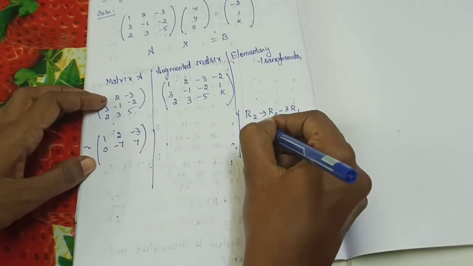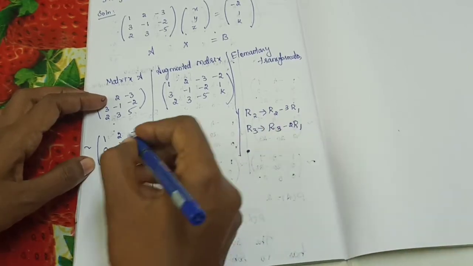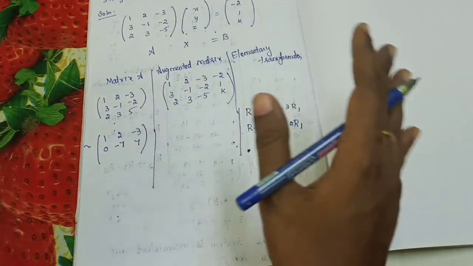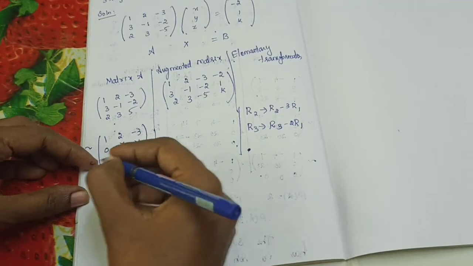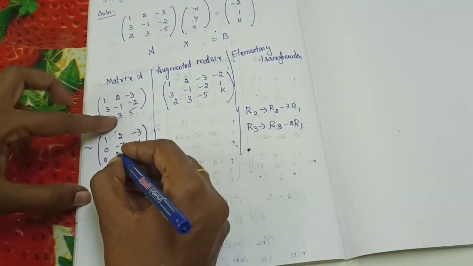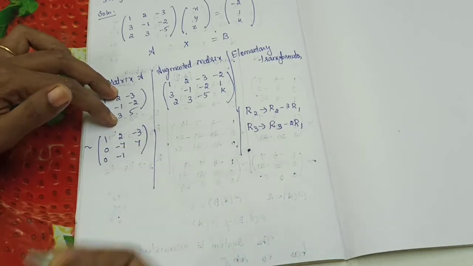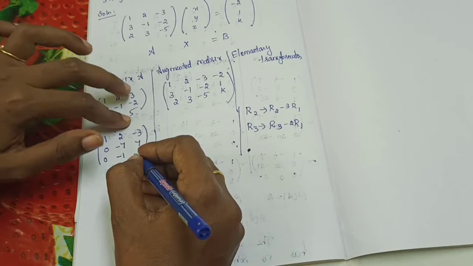Then R3 implies R3 minus 2 R1. More than 5 to 6 problems we have done in this same way, so because of that I am doing it somewhat fast. So that is 0. Then 3 minus 2 into 1, so 3 minus 4 means you will get minus 1. Then 5 minus of minus is plus, so 5 plus 6.